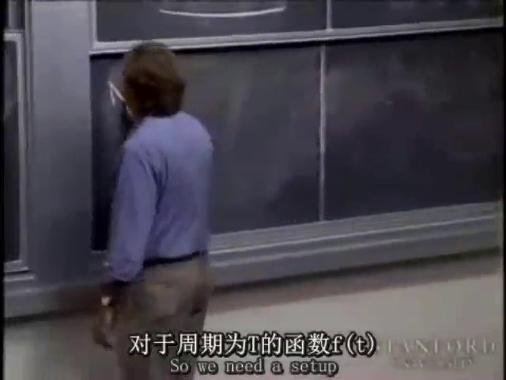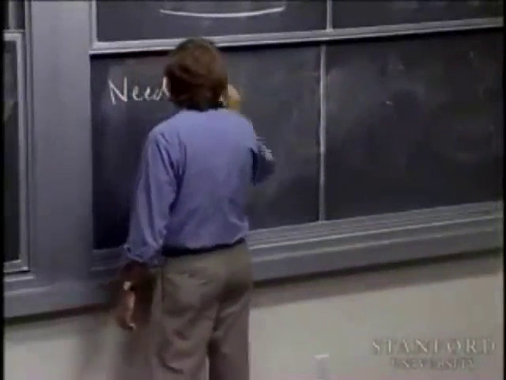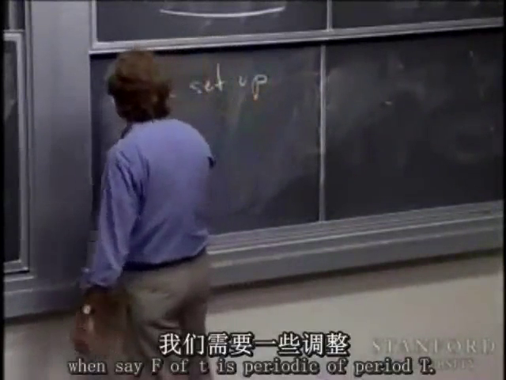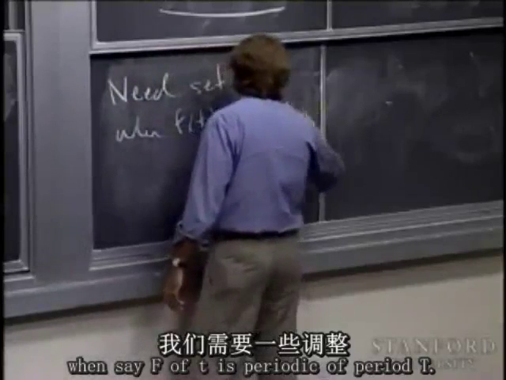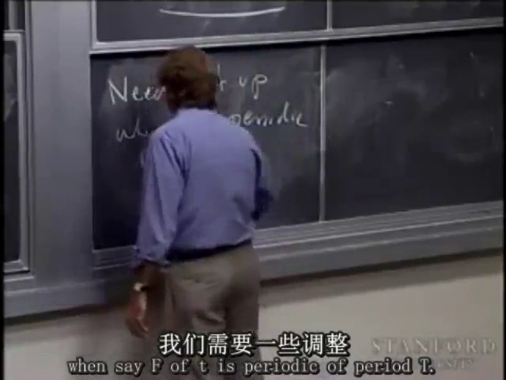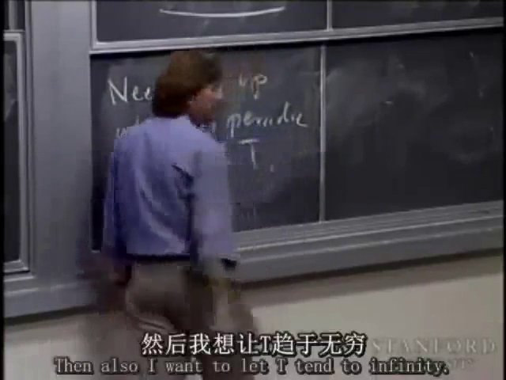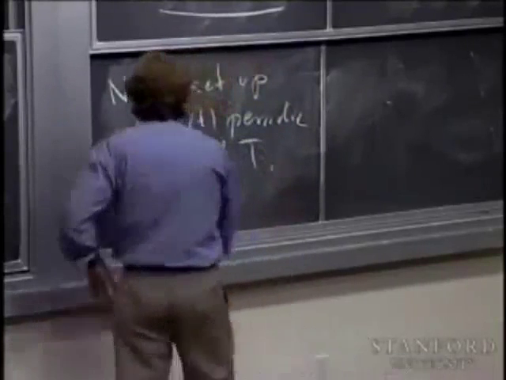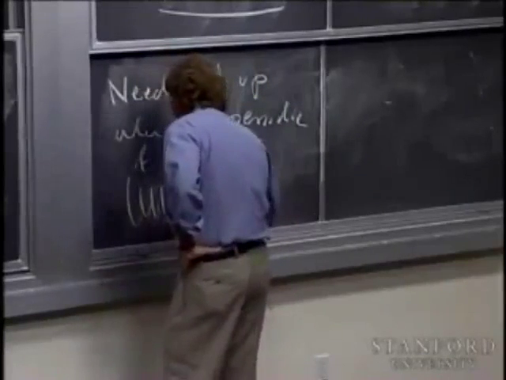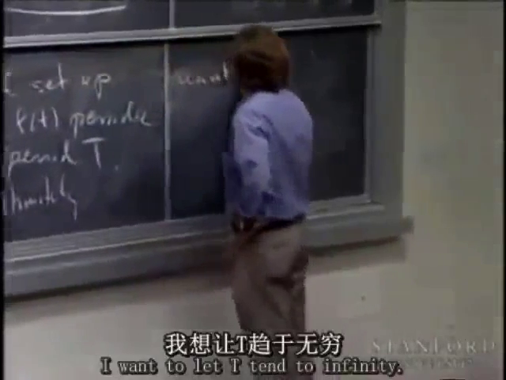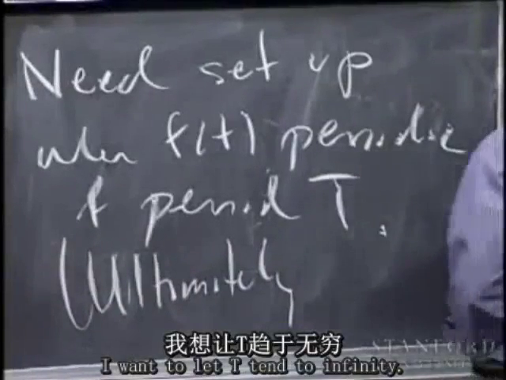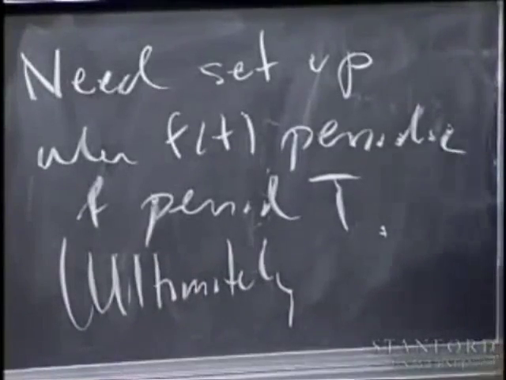So we need to set up, say, f of t periodic of period T. And then ultimately I want to let T tend to infinity. Okay? All right, so how do I do this?